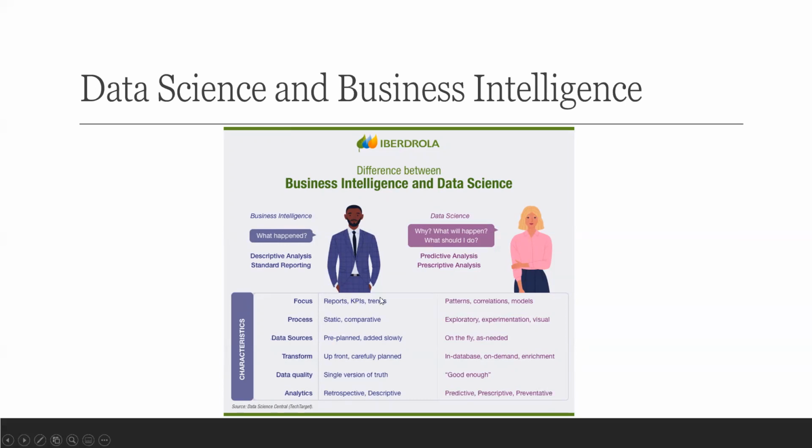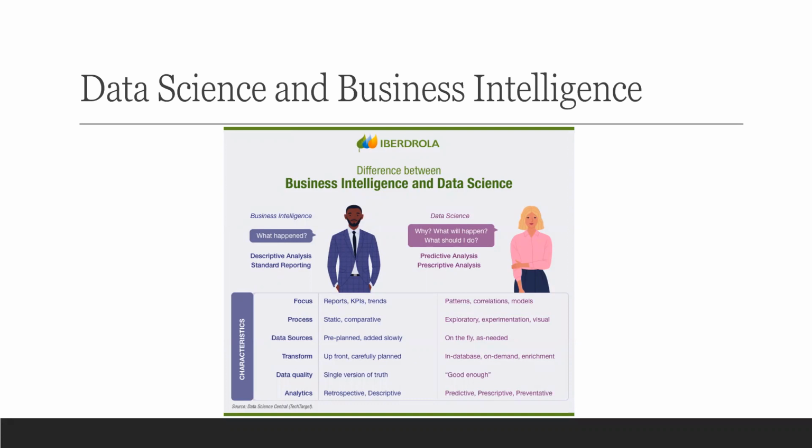You will have reports, charts, trends, and the data sources are real data, what has already been sold, what happened already, right? The data quality is coming from one source, which is the truth, which really happened. And analytics is also going backwards from today.